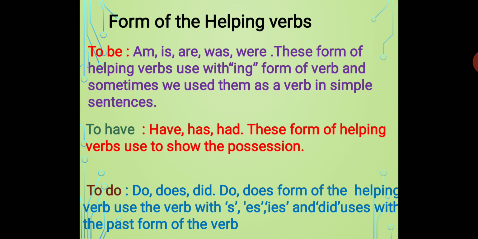Do and does form of the helping verb are used with the verb with s, es and ies form, and did is used with the past form of the verb. So for present time, in the do form, we use do and does, and for the past time we use did.